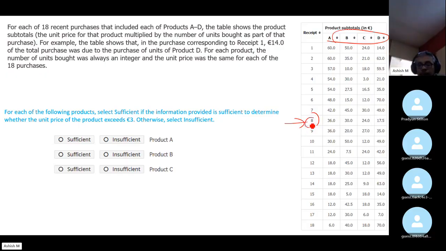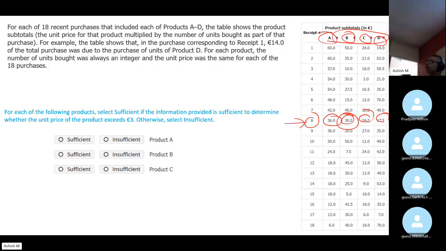So customer number 8 bought 36 euros worth of product A, 30 euros worth of product B, 24 euros worth of product C, and 17.5 euros worth of product D. So this is how you need to interpret this. And when I say 30 euros worth of product B, how do we arrive at 30 euros?